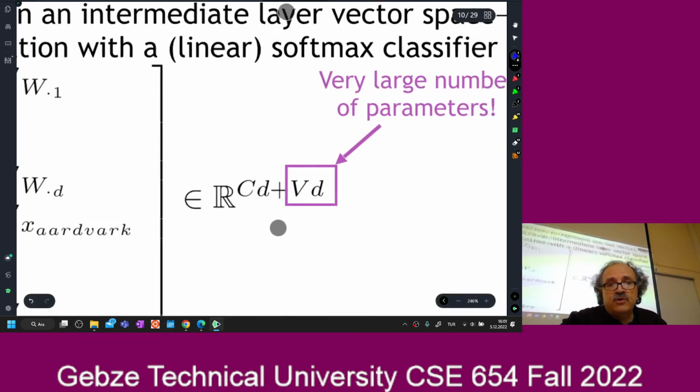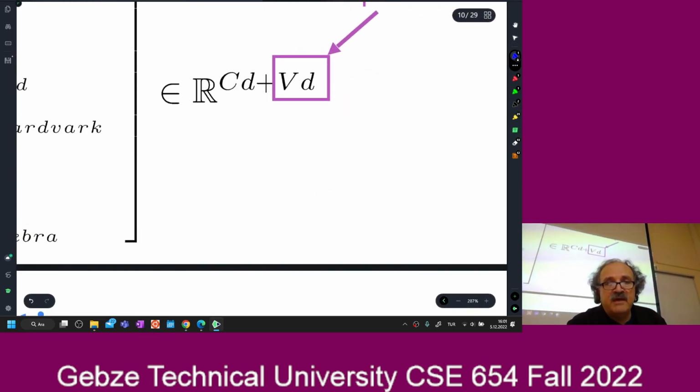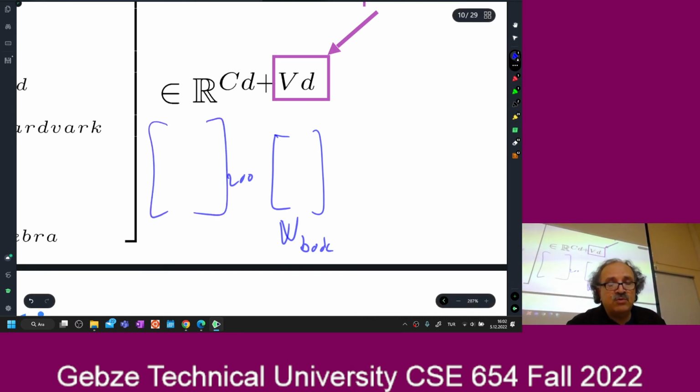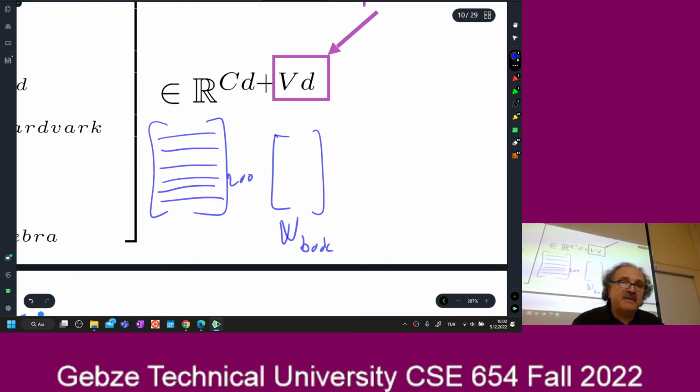Now I am going to take a word's input vector, let's say the vector of a book. This is a 200-dimensional vector. I am going to multiply this with a 200 by 10 matrix.